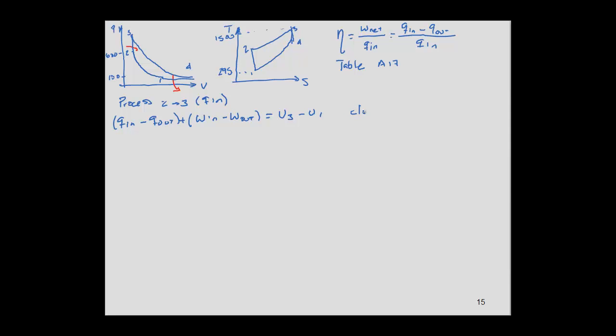Remember that this is a closed system, so we don't have any work in or out because it's a constant volume. We don't have any Q out, we only have Q in. That's the process that we're analyzing.